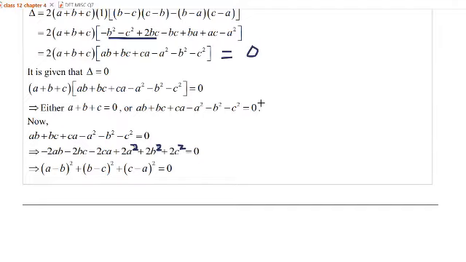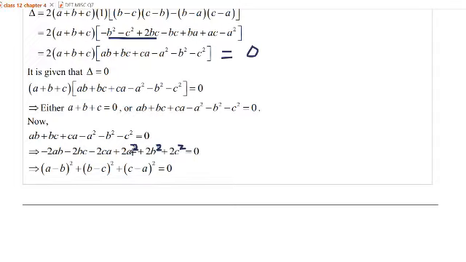I have multiplied the equation by 2, so I'll get 2AB, 2BC, 2CA minus 2A square minus 2B square minus 2C square, and then taking negative outside, it means it will be 2A square plus 2B square plus 2C square minus 2AB minus 2BC minus 2CA, right? Because I've taken negative outside, and 0 into 2 is 0 only.